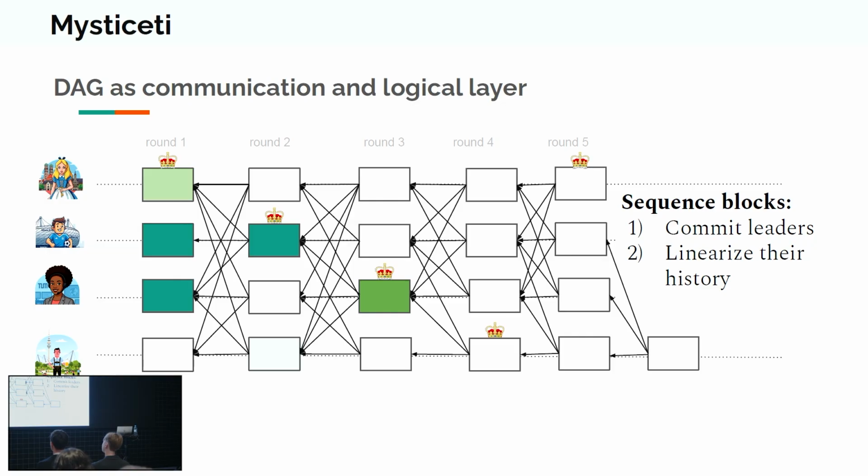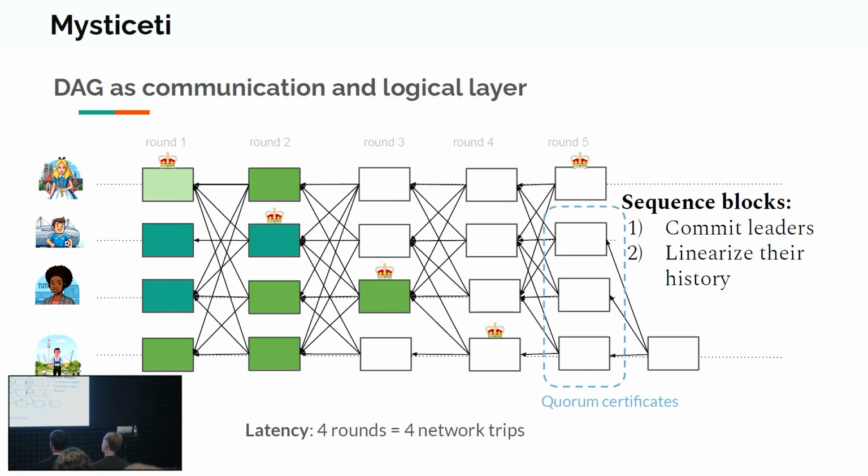First goes this one, then blocks with this color, and lastly blocks with that color. If we compute the latency in this case, it takes a little bit less time. For most of the blocks to be linearized, it takes about 4 rounds on average, or 4 network trips.